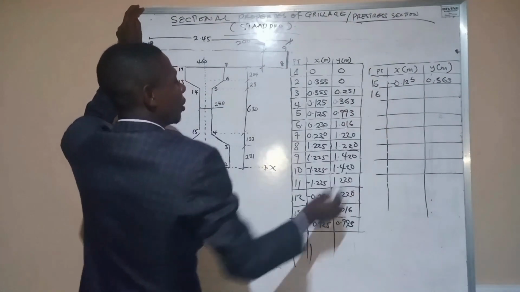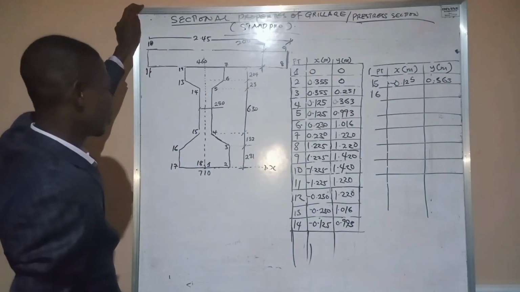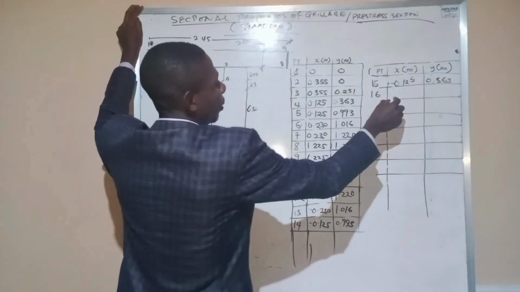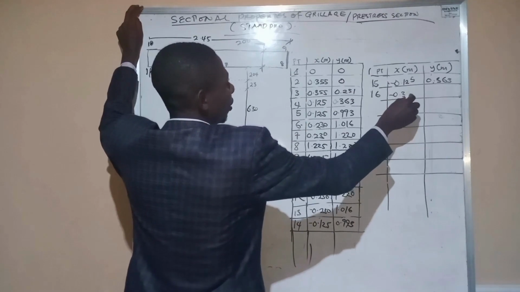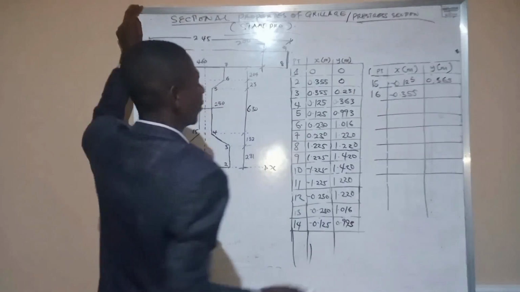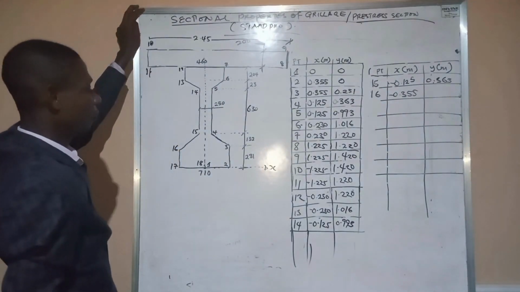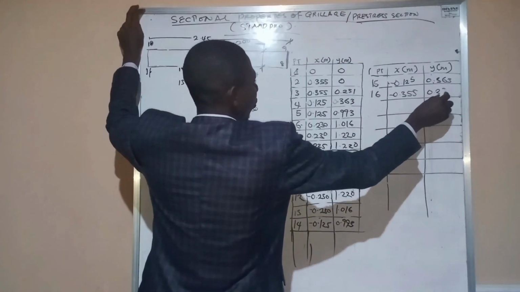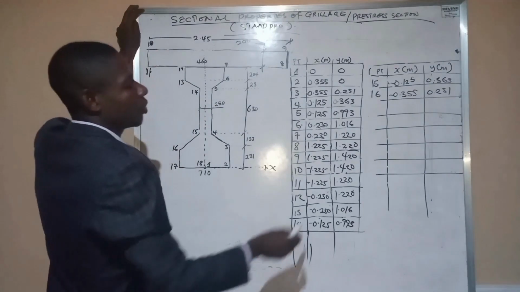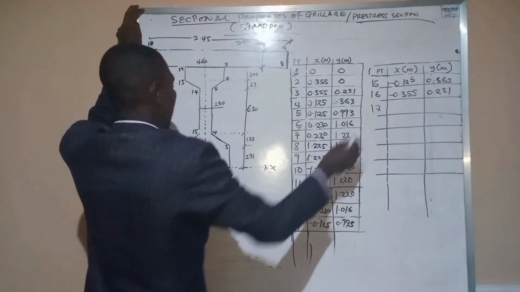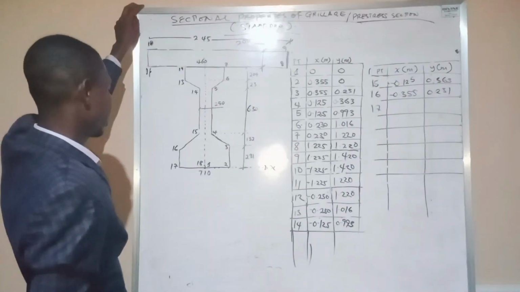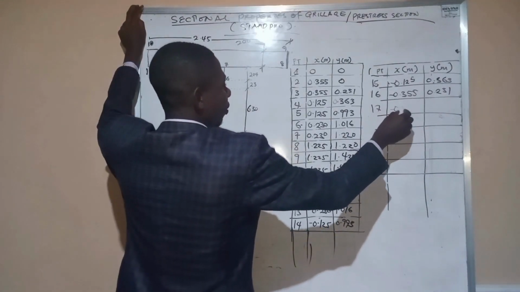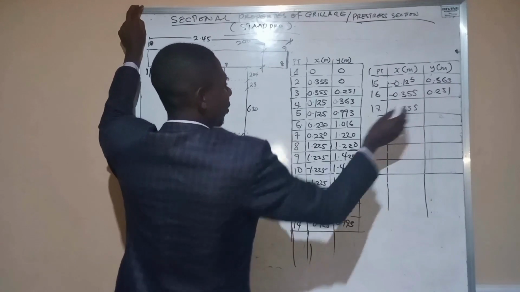Now let's look at point 16. At point 16, we are going to have the s value to be negative 0.355, and y of it becomes 0.231. Now we'll go to the next one, 17. The x value still remains where it is, 0.355.